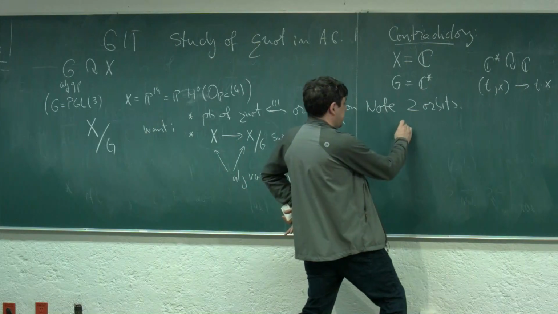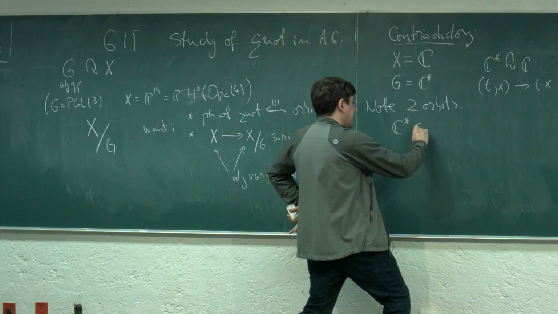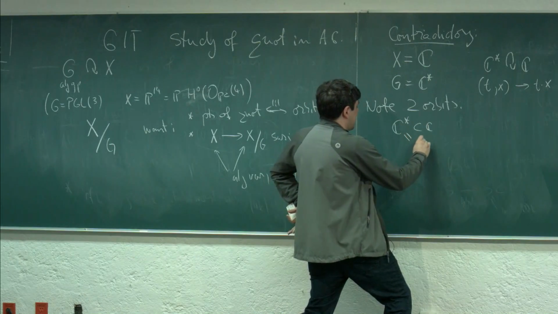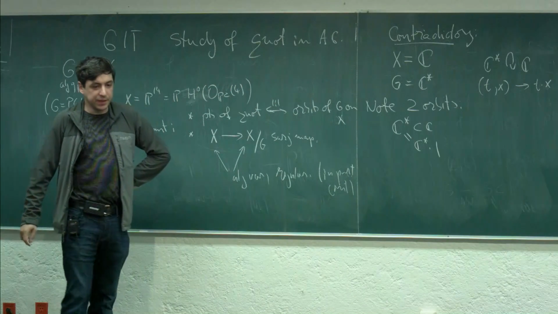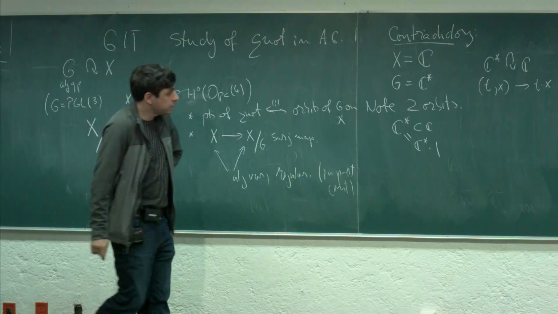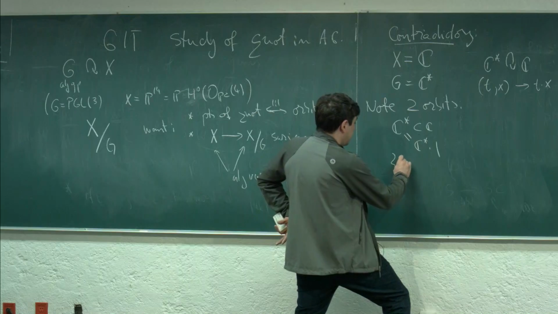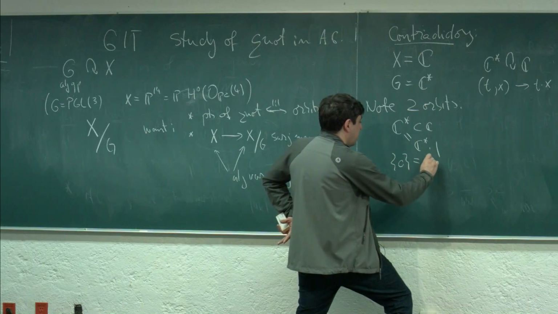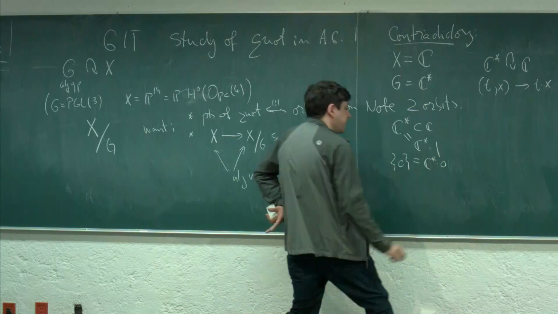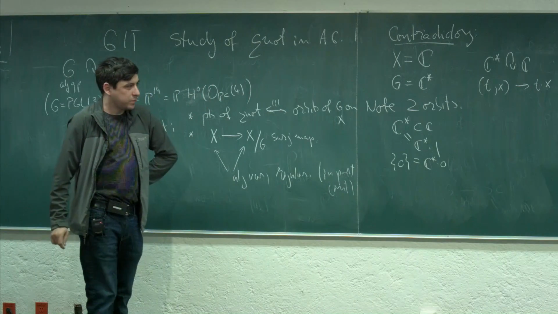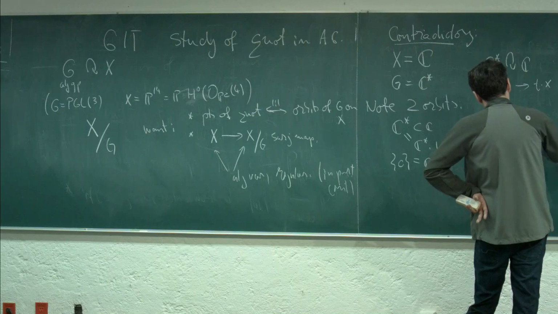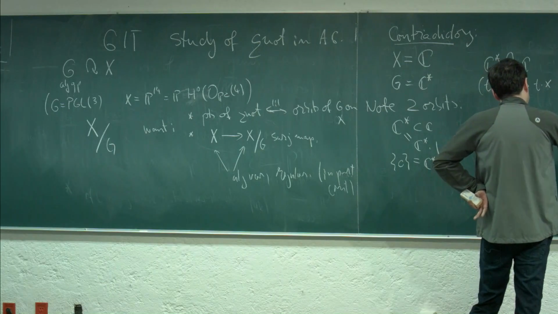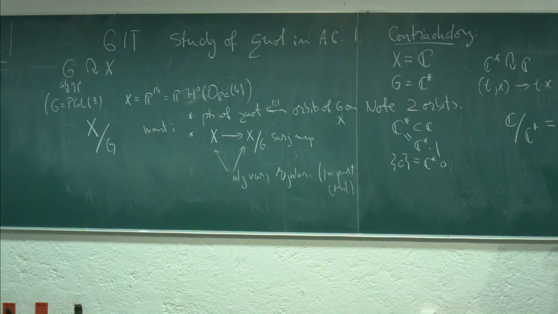One is C star inside C, which is the orbit of any point, for instance C star times 1, and the other one is just 0, which is C star times 0. So the quotient C mod C star should be simply 2 points.